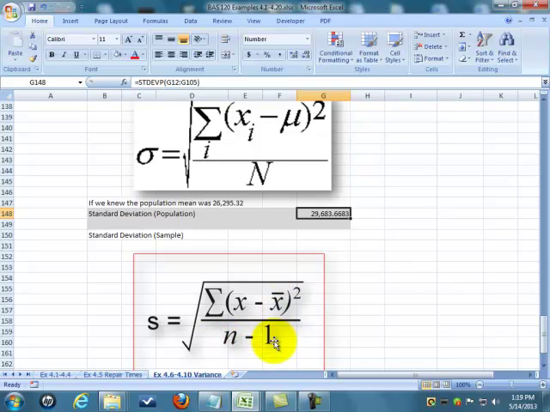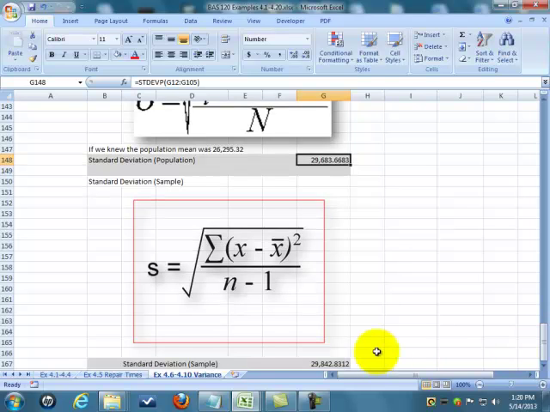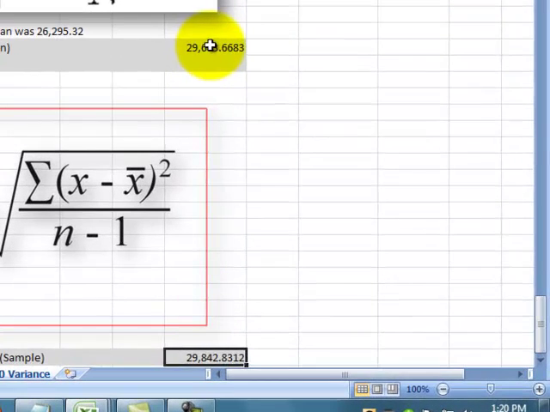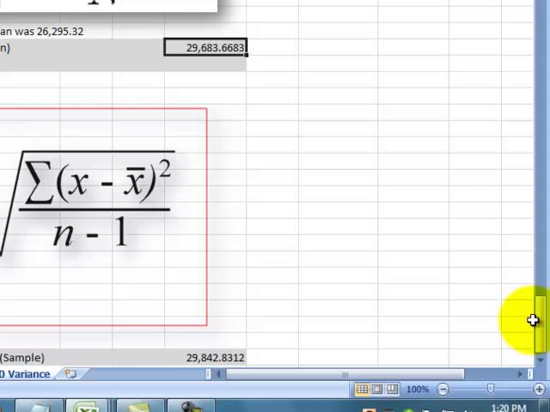And that's why you have the n minus 1 versus the n, because you're adding a degree of freedom, because you really don't know. In the population case, you really know what the population mean is. In this case, you're making an assumption that, well, let's assume the population mean is the same as my sample mean. That's why you get more degrees of freedom, which causes the sample standard deviation to be slightly larger than the population standard deviation.